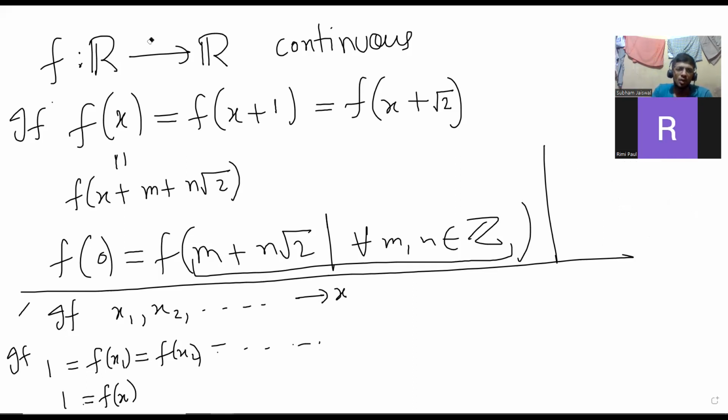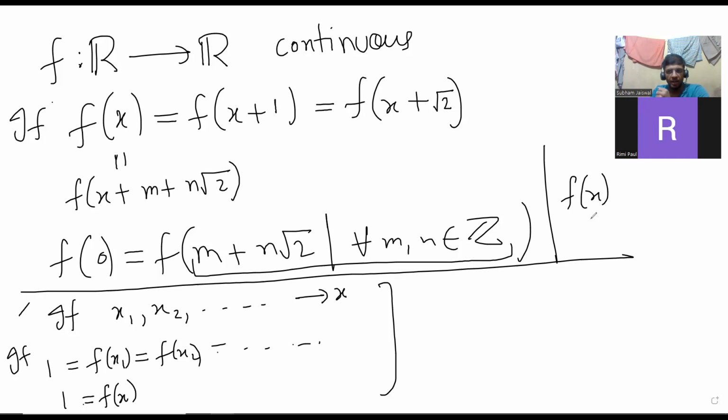What I have just given is an example of a situation in which we are determining the value of the function at x by knowing its value on the sequence. Now we want to show that f(x) is constant for every x.